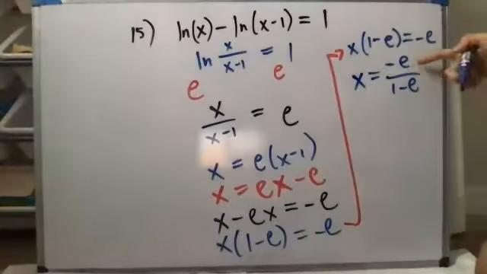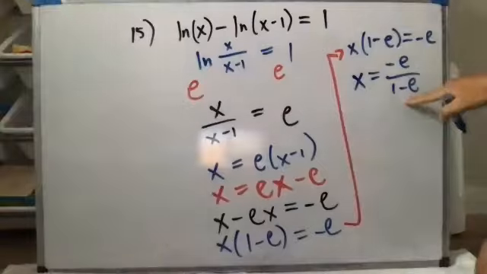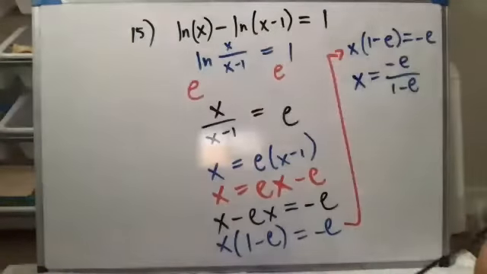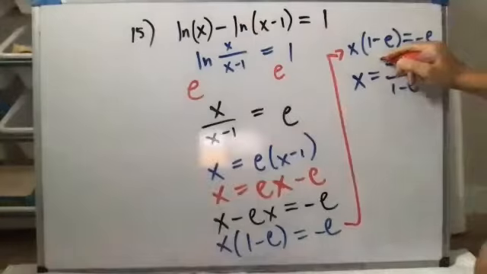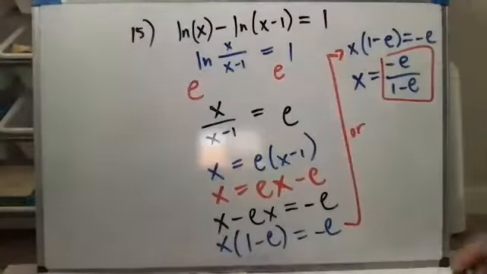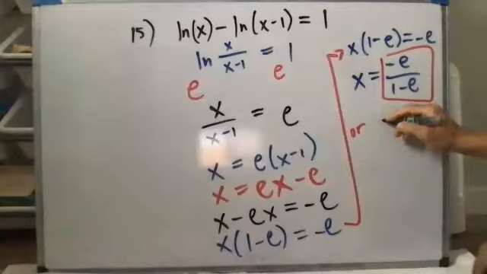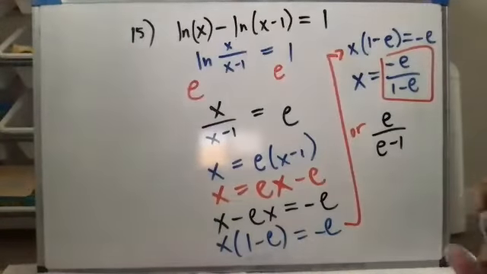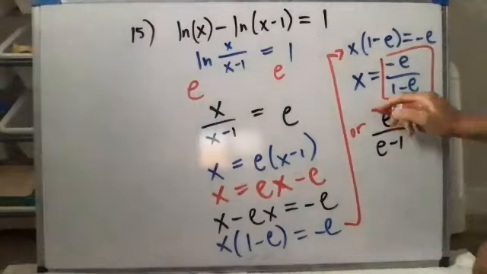Or if you like, because I got a negative on the top and I have a negative on the bottom, I can switch it so that I don't have a negative on top. So this is perfectly fine, I think. Or you can rewrite it as positive e over e minus 1, same thing. So two alternative forms.